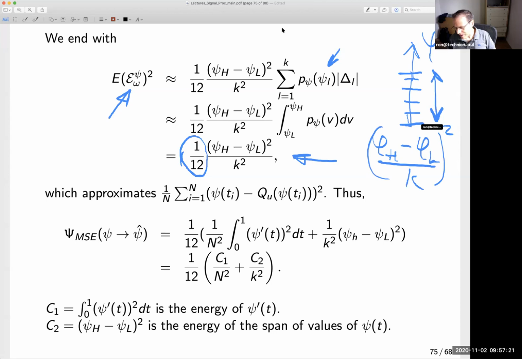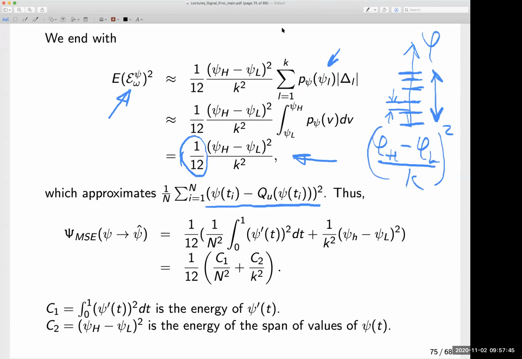And so this would be basically the squared size of each of these intervals multiplied by 1/12. Okay, so this would approximate the quantization of representing the values by these uniformly quantized values of the psi axis, sorry.